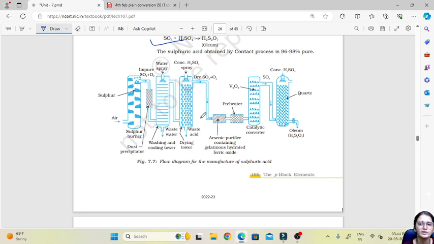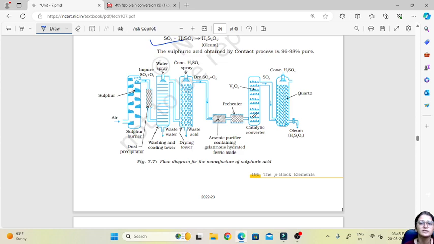This is the method which shows how to prepare sulfuric acid. So sulfur and air, that is O2, are taken, then since it's impure, it is treated with a dust precipitator, then it goes into the washing and cooling tower, and water spray is put, then waste water is removed through that, and whatever is important is passed to the next chamber, which is the concentrated sulfuric acid spray chamber, wherein the spray is done, and then dry SO2 plus O2 is passed in the preheater.